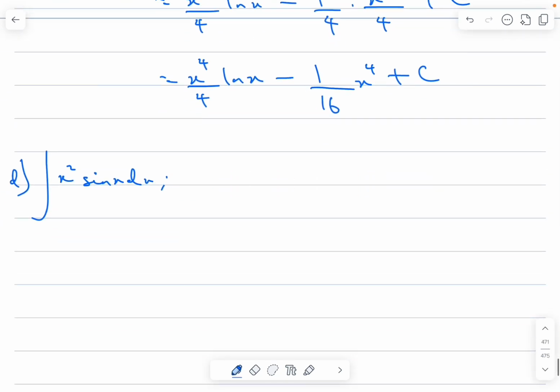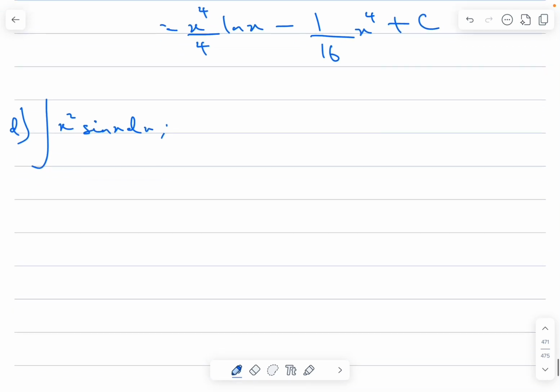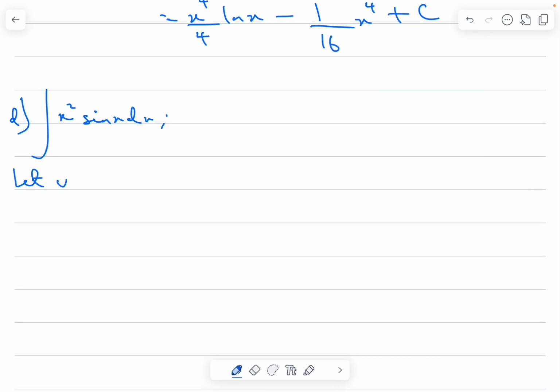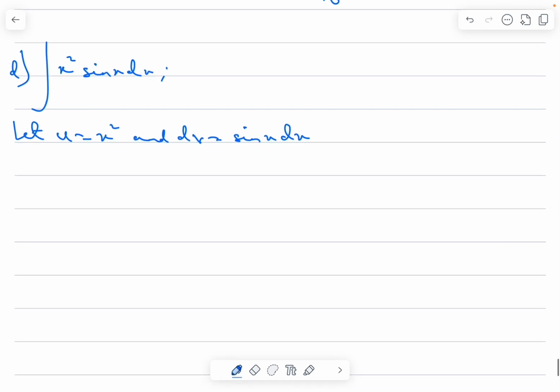Now, evaluate the integral of x squared sine x dx. The technique here is also integration by parts. Let u be equal to x squared and dv be equal to sine x dx. So that means du is equal to 2x dx.